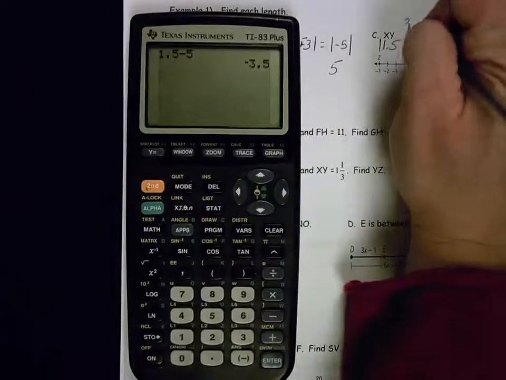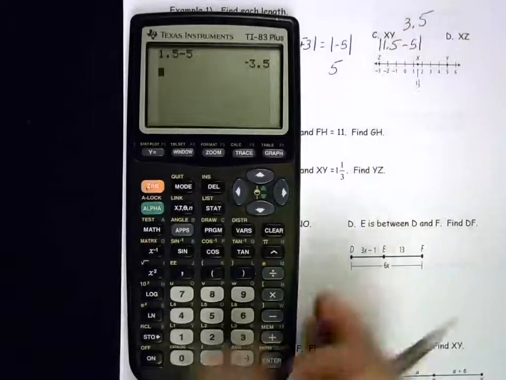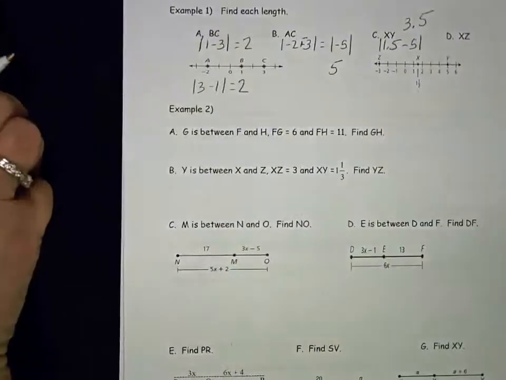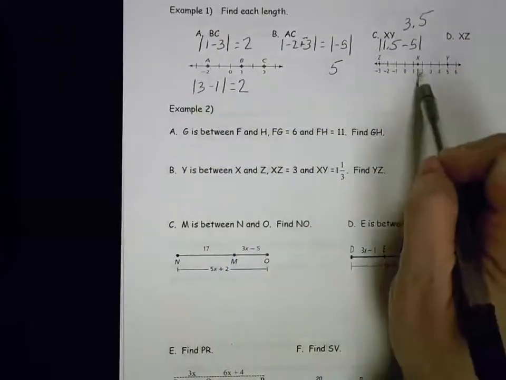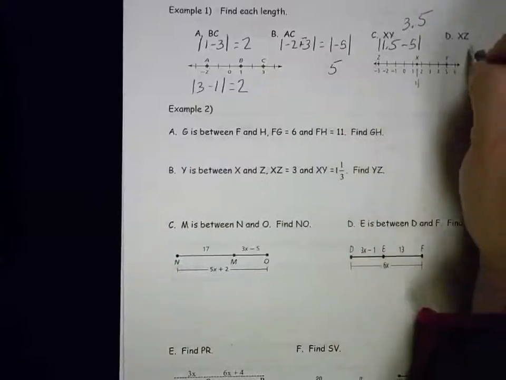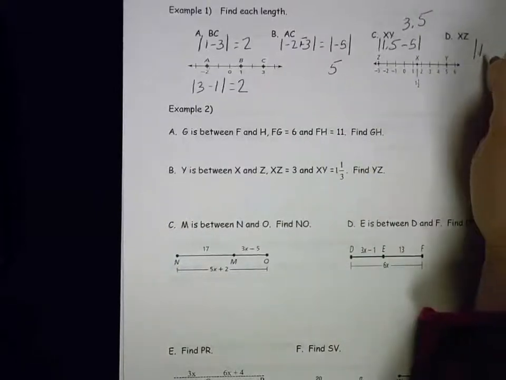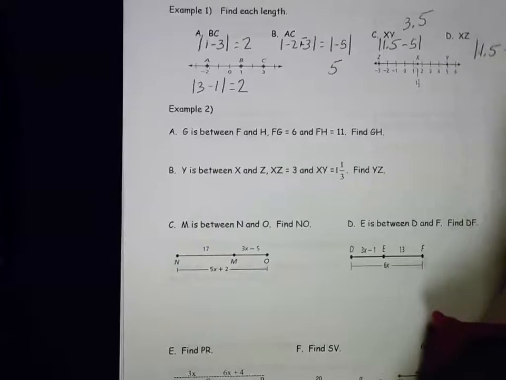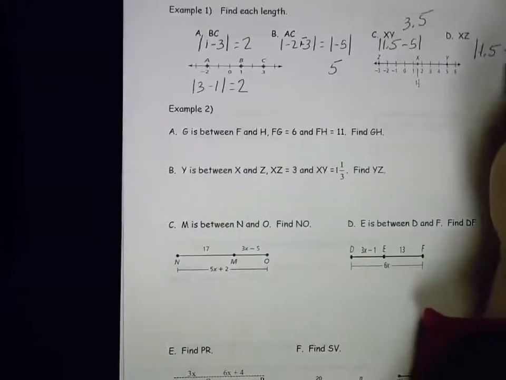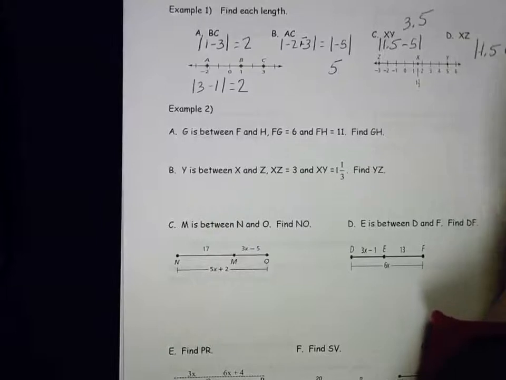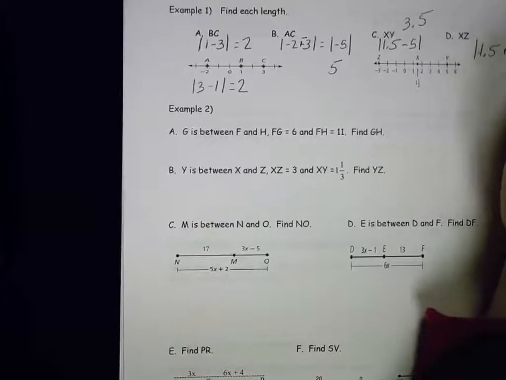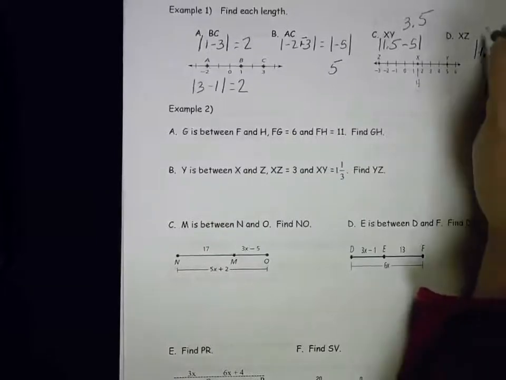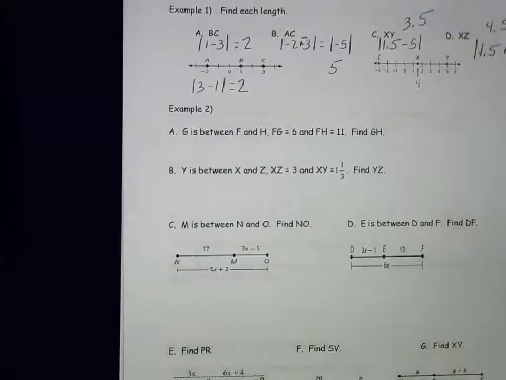And then when you take the absolute value, that will be 3.5. And from X to Z, you will do 1.5 minus a -3. And when you calculate that, 1.5 minus a -3 is 4.5, and absolute value means you make it positive.